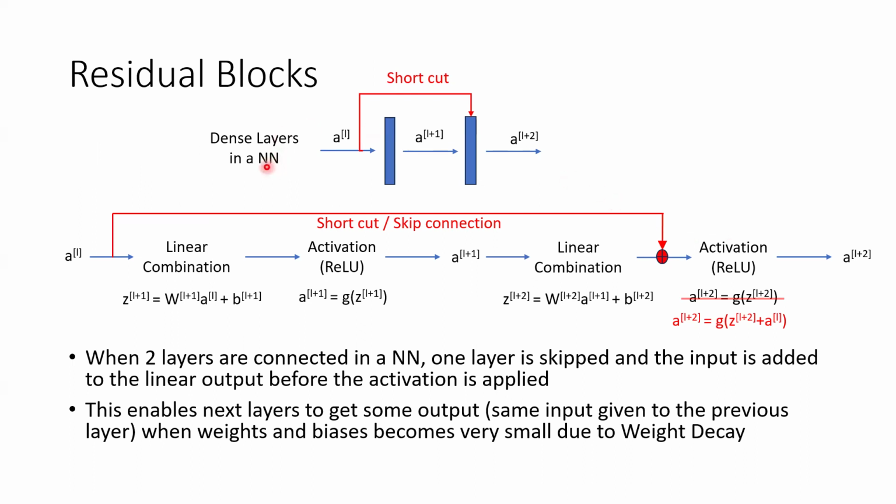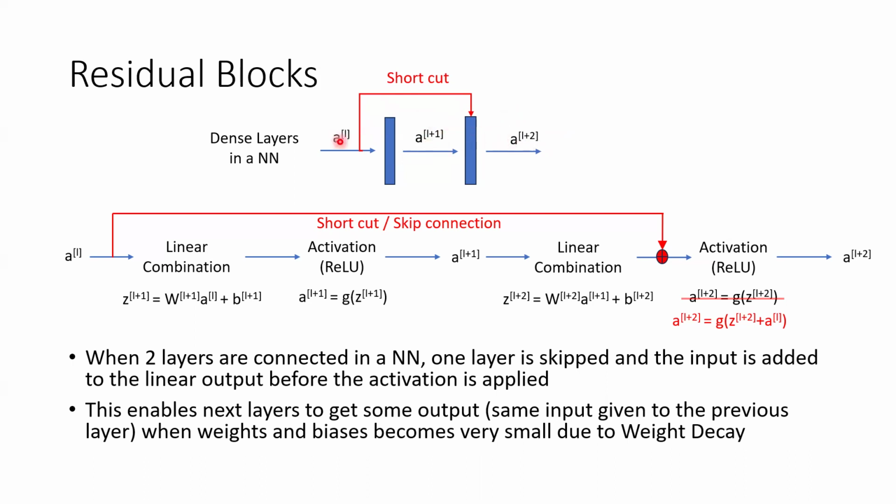First, suppose this is a dense layer, right? For simplicity, just take it as a dense layer. Then we get A_L as the activation input for this dense layer. What we get out of the dense layer is A_L+1, and after the next layer we get the activation A_L+2, right?